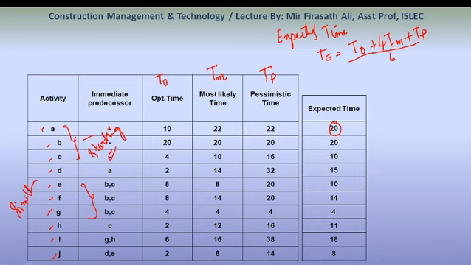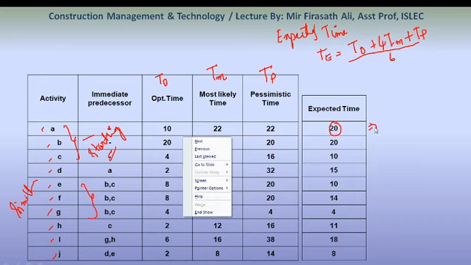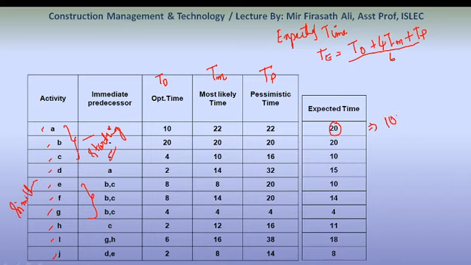How have we got this value as 20? Look over here. What is the value of T naught? T naught is 10. Substitute these values: 10 plus 4 into 22 plus 22. This is the value of T naught, this is the value of Tm, and that is the value of Tp, whole divided by 6.